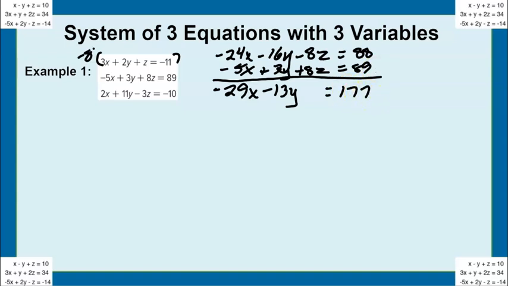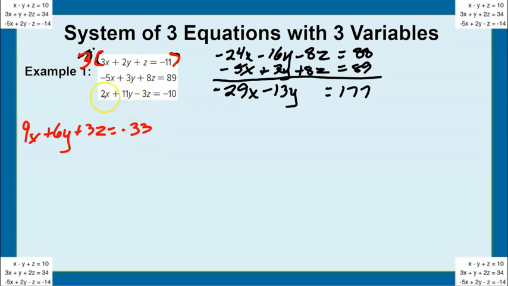Then I'm going to take the first equation and the third equation, and eliminate the z's here, which just means now I'm going to multiply this top one by a positive 3 because I already have a negative 3z here. So that's going to give me a 9x plus a 6y plus a 3z equals a negative 33.